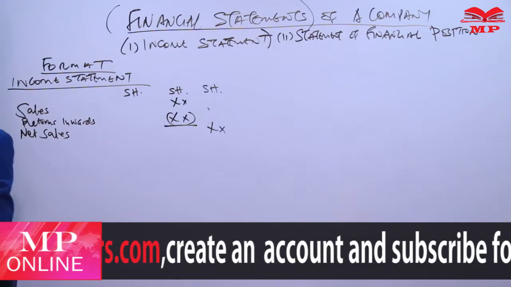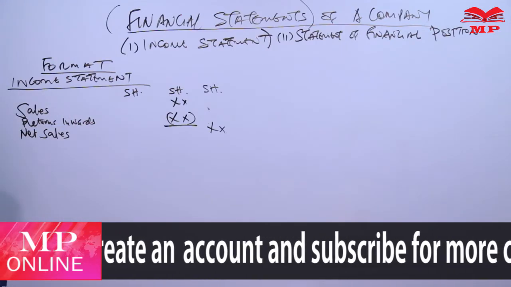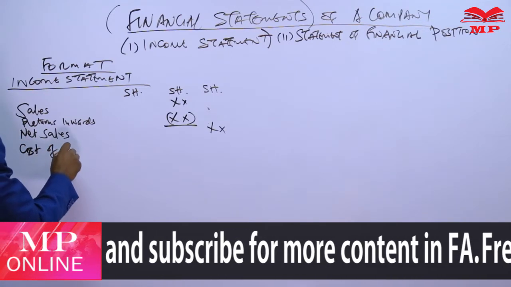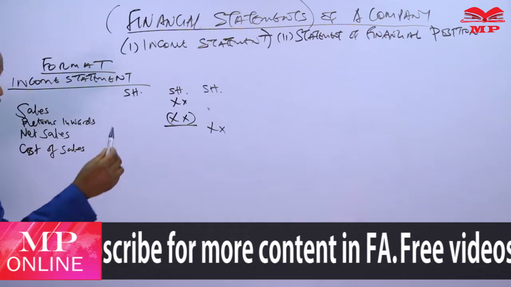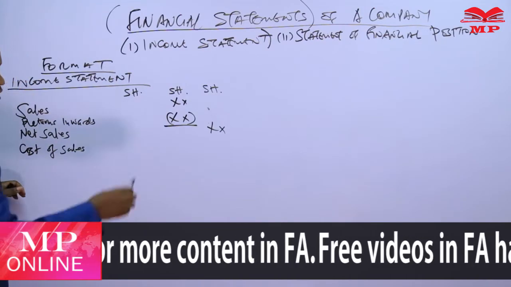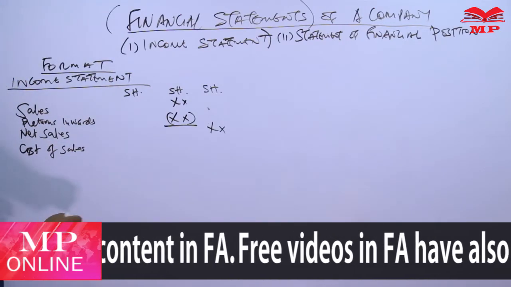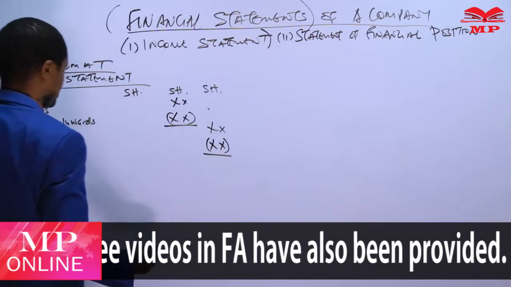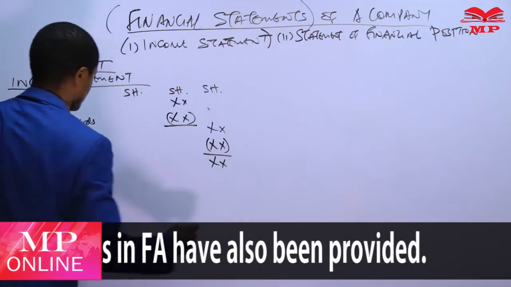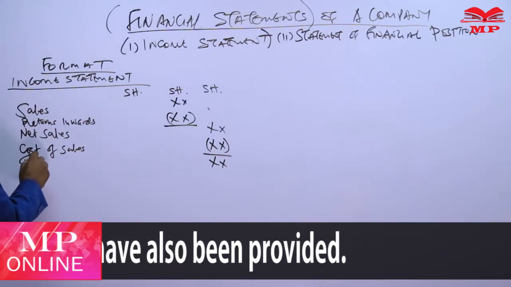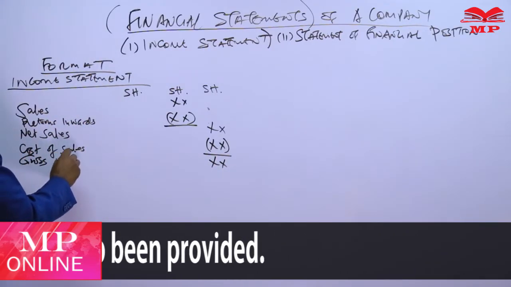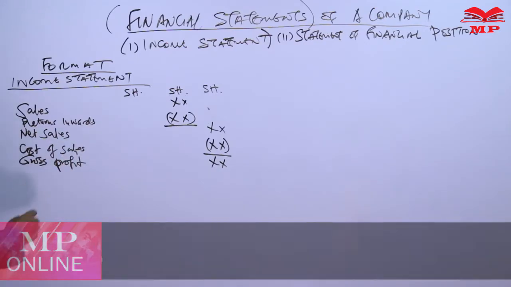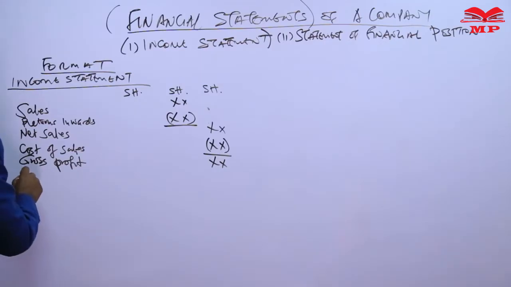Then out of the net sales, we deduct the cost of sales, which is equal to the opening stock plus purchases minus closing stock. Deducting cost of sales from net sales, we have the gross profit. Then you can have the expenses.